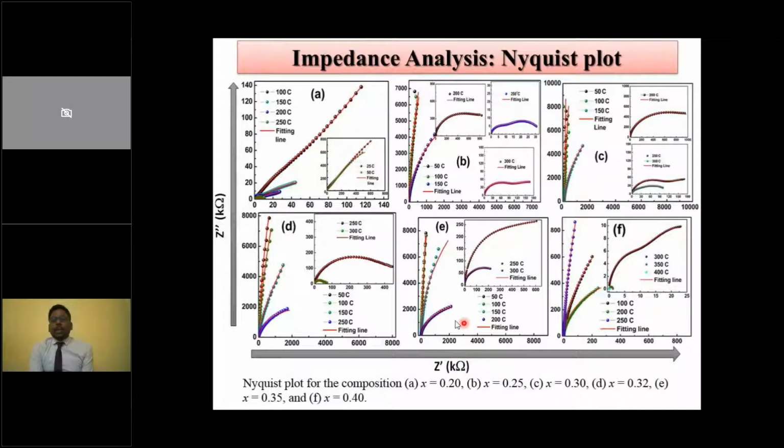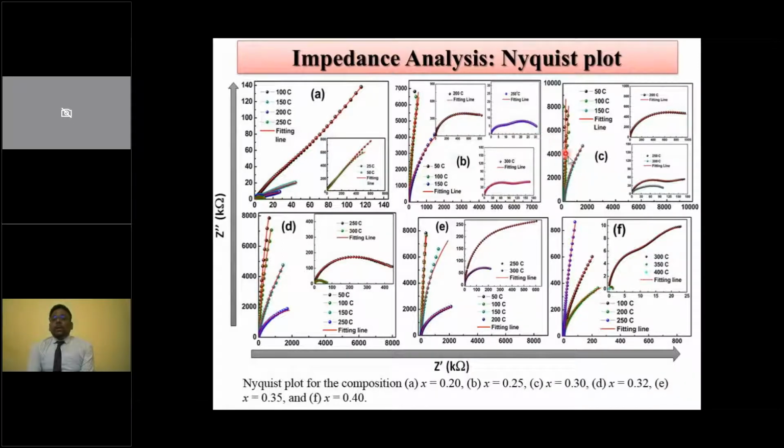Here we look at different temperatures, and this is the fitted line on this sample, x equal to 0.25. At lower temperature it forms a single semicircle, and when it goes to high temperature, more than 250, it tries to make a two semicircle structure. One depicts the grain effect, and the other depicts the grain boundary effect also.